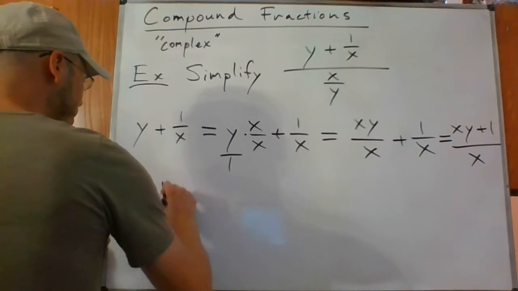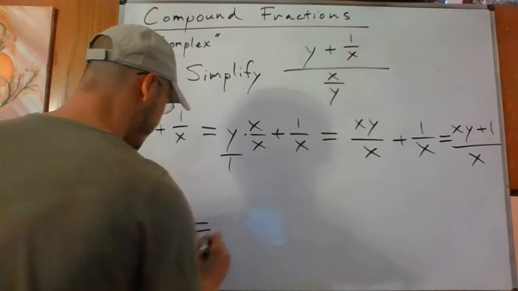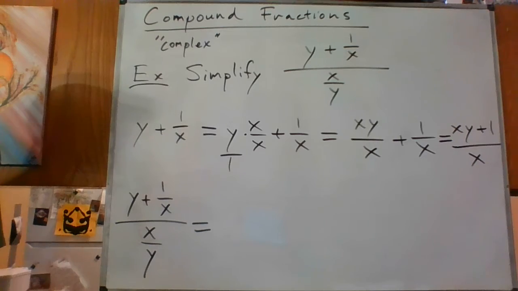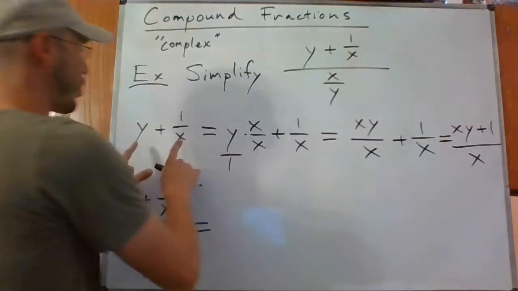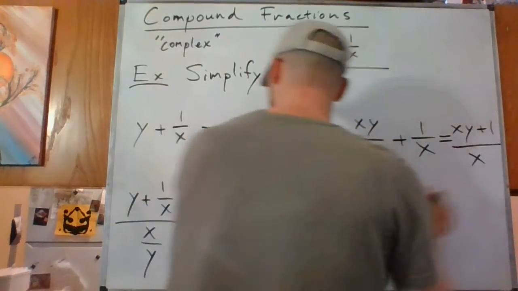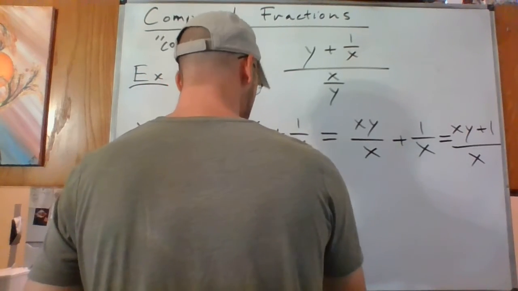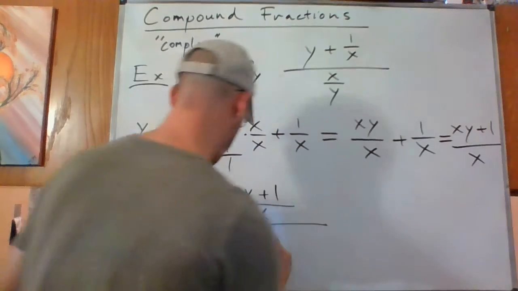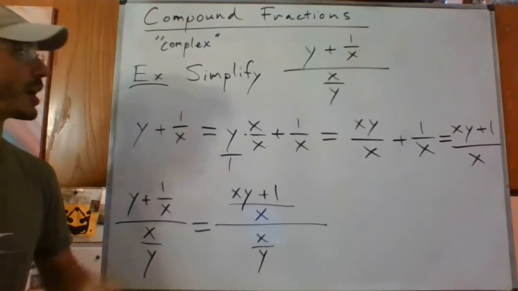So I'm going to rewrite the original expression. But now I'm going to replace that numerator, y plus 1 over x, with this expression. It looks bigger, but it's simpler because it's a fraction, not a fraction plus a thing.